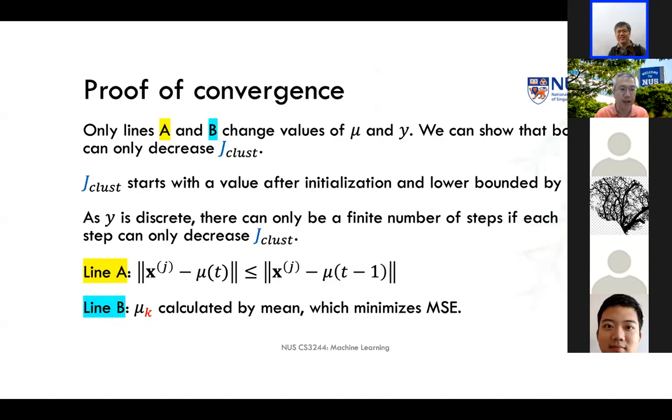They can only decrease the error that we have, which we call J clus. J clus, remember, is a sum over individual errors for each cluster, where the error for a cluster is the sum of the squares or any other distance measure between a point in the cluster and its center or centroid.